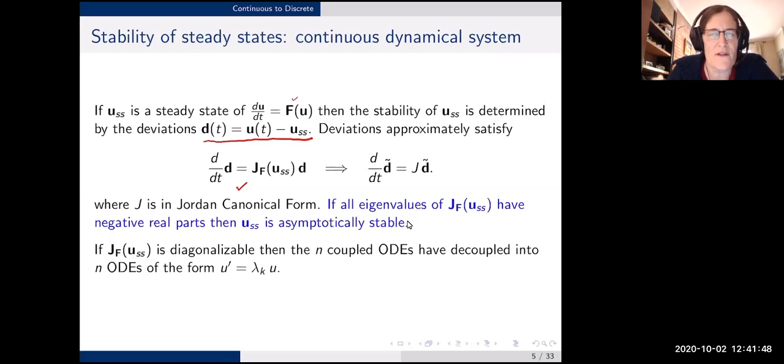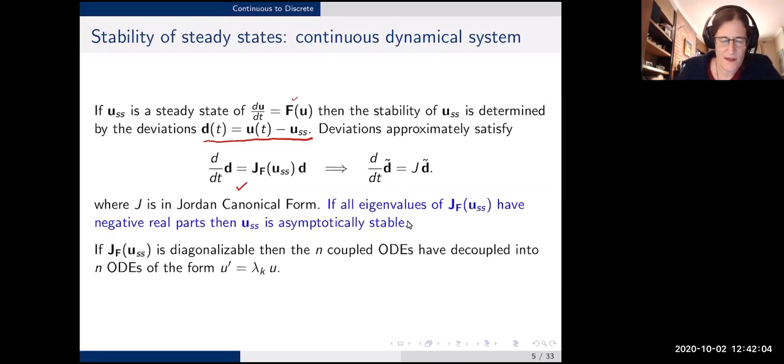You now have a linear system, and if you're lucky, the linear system has a Jordan canonical form, and if all of the eigenvalues have negative real parts, then it's an asymptotically stable steady state.